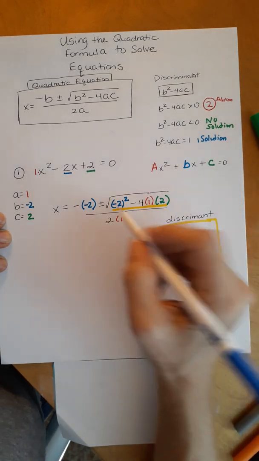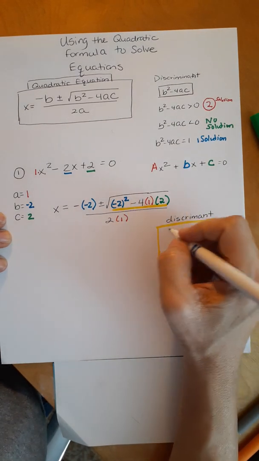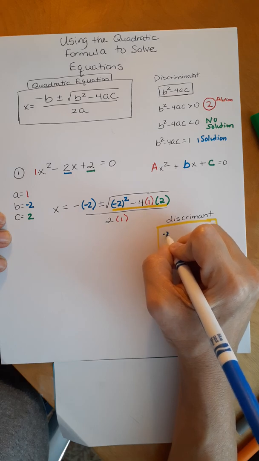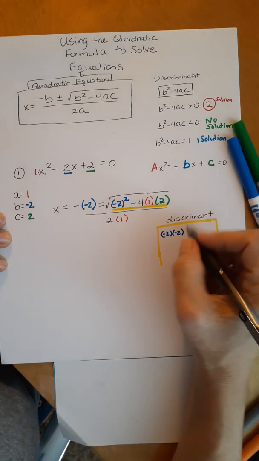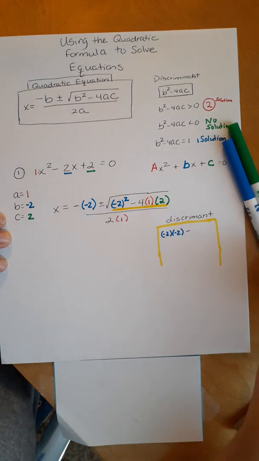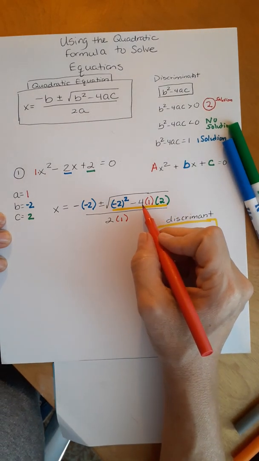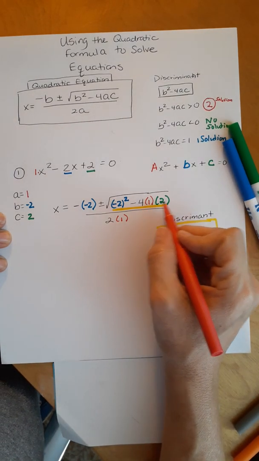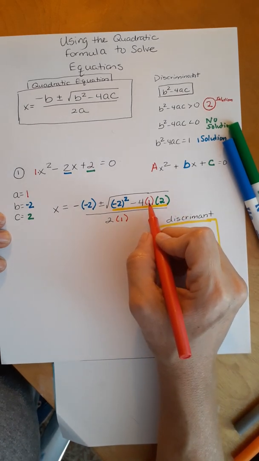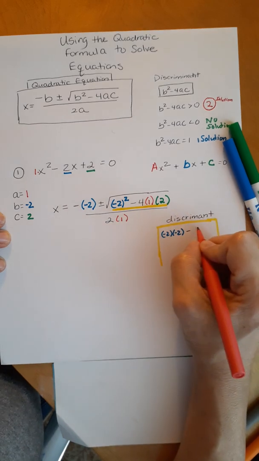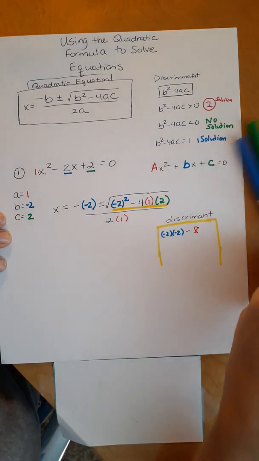Okay, so negative 2 squared. That is negative 2 times negative 2 minus. Now I'm going to go ahead and multiply these three. 4 times 1 times 2. Okay, minus, I wrote it down. 4 times 1, 4. Times 2, 8. Okay.